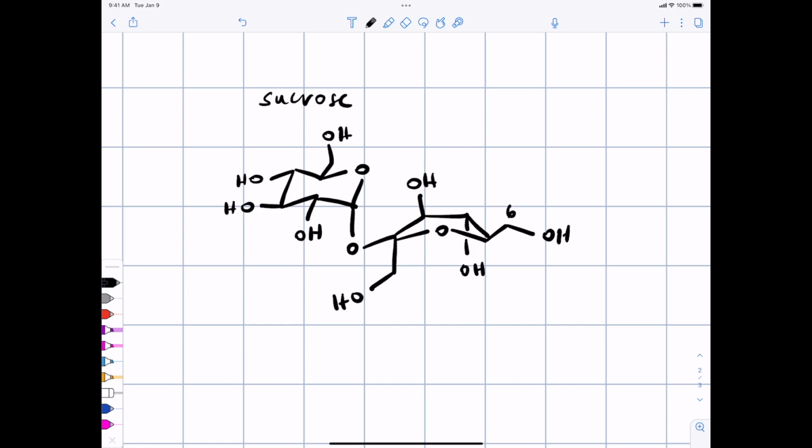All right. On the left is a carbohydrate you've seen before. On the right is one you haven't.